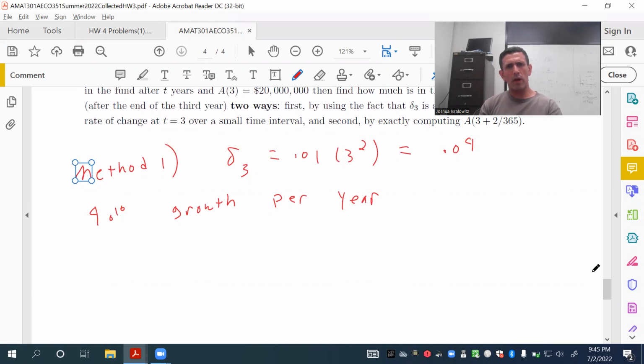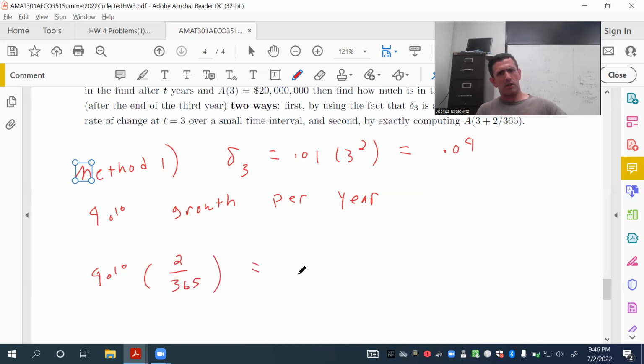Now remember, what do I mean by this? This is in stark contrast to effective annual interest. It's actually kind of like a simple interest rate, essentially. So when we do this, I mean that if I have 9% growth per year, then to get the growth for 2 days, it's going to be 9% times 2 over 365.